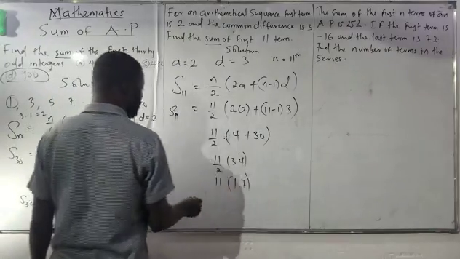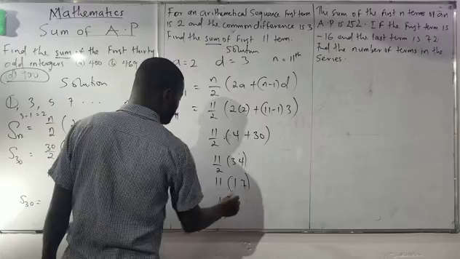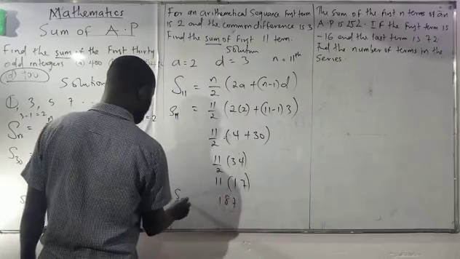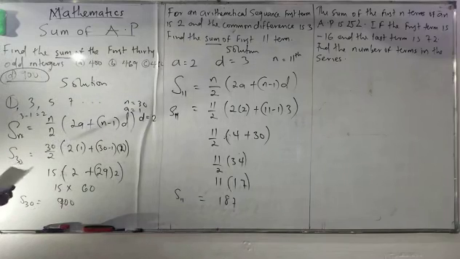Now it means the sum of 11 terms will be equal to 187. That is my answer.